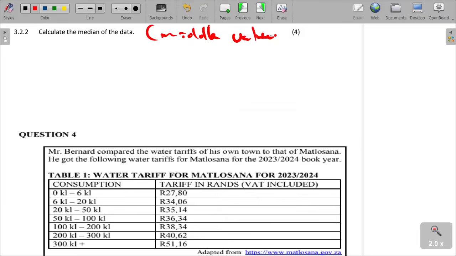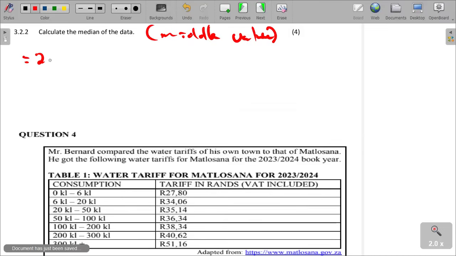That is the median. Then we identify the median number there.